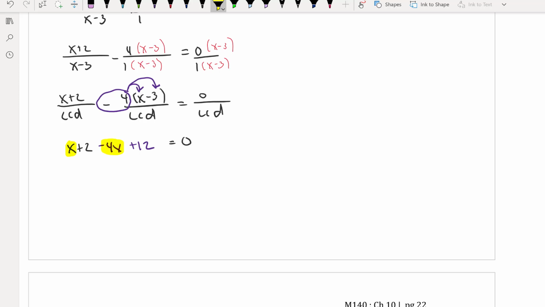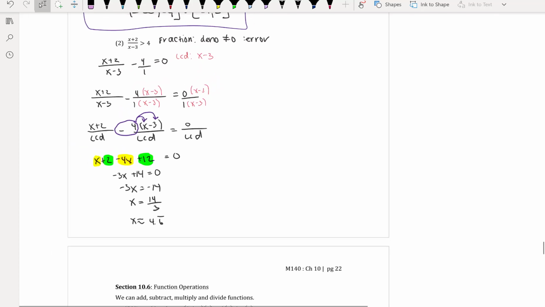So negative 4 plus 1 is going to give me a negative 3x. The next thing I have is positive 2 and positive 12. So 2 plus 12 gives me a positive 14. So negative 3x is equal to negative 14. So x is equal to 14 divided by 3. And if you want to see the decimal approximation, that's about 4.6.